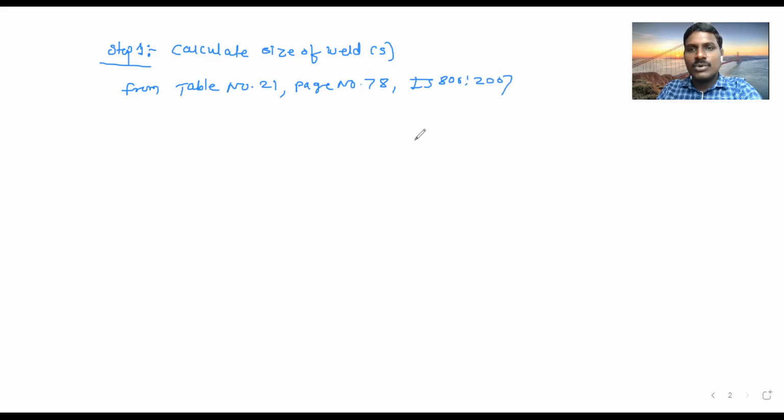This depends on the thickness of the gusset plate. The thickness of the gusset plate is 12 mm. So from the thickness of the gusset plate, S is equal to how much? It is given in page number 78, table number 21, IS 800 2007.